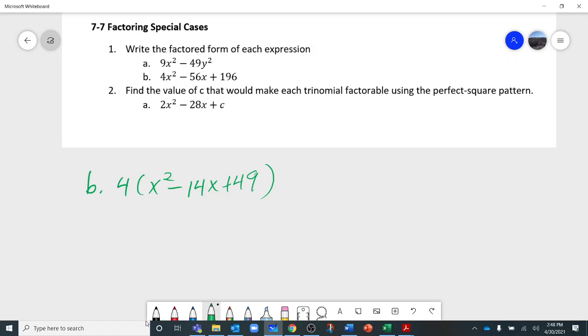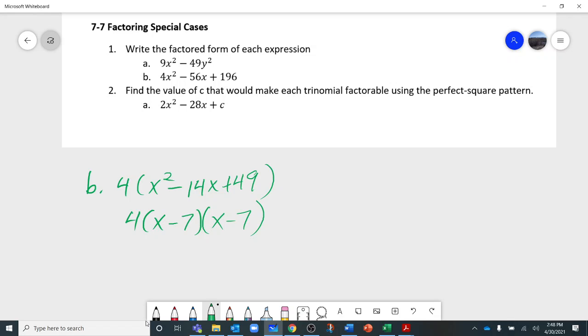I can recognize that this is x minus 7 times x minus 7, or x minus 7 squared. x times x is x squared, minus 7x twice gives me the negative 14x, and then negative 7 times negative 7 is positive 49. So this would be the factored form of that one.